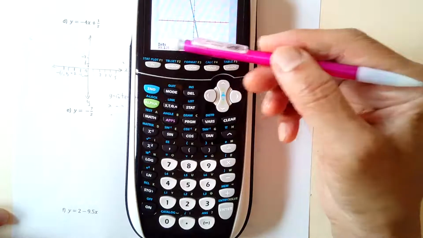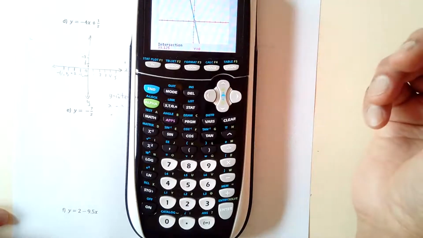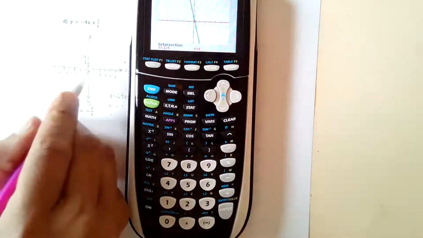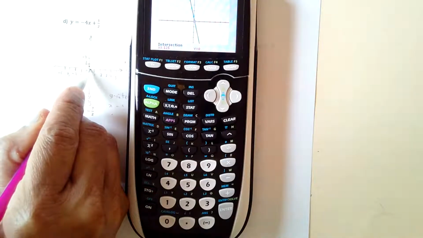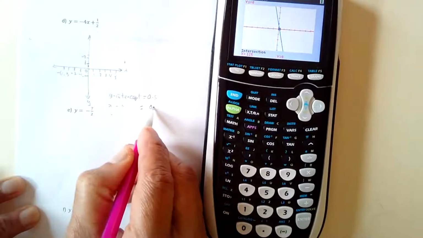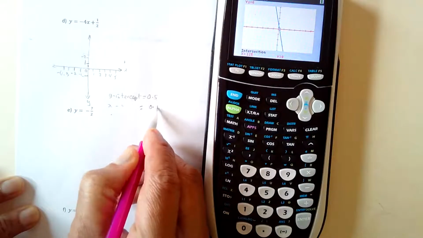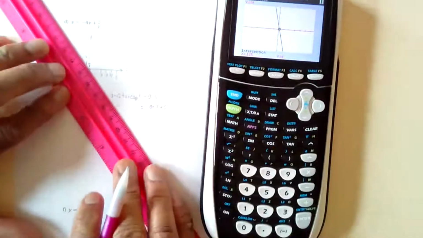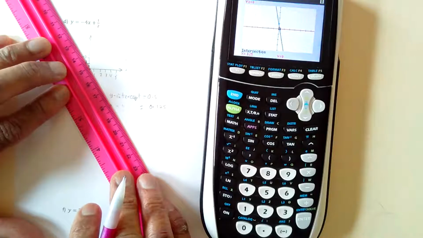So the x-intercept is 0.125. So it's right here. So the x-intercept is 0.125. So now I can construct my line.